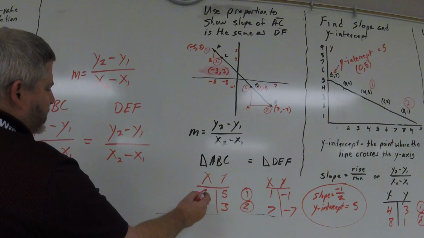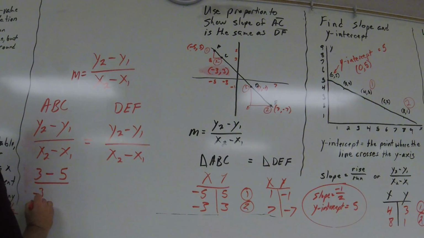So X2 minus X1. So we have -3 minus -5. Now we put this in parentheses. We put this -5 in parentheses because it looks kind of funny to have -3 minus -5 without the parentheses there, because you have two negative signs right next to each other.